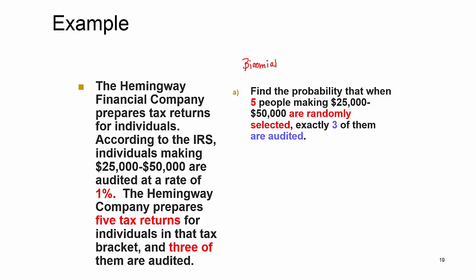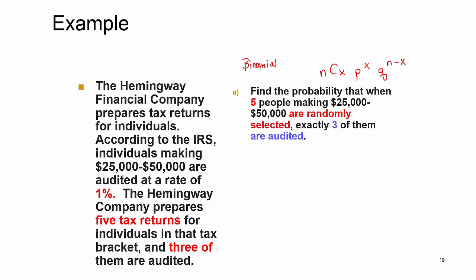And also, they're either getting audited or not, so there are 2 outcomes. So when we understand that it's a binomial probability distribution, we need to understand the notation that goes in the formula. So it's nCx times p to the x times q to the n minus x.